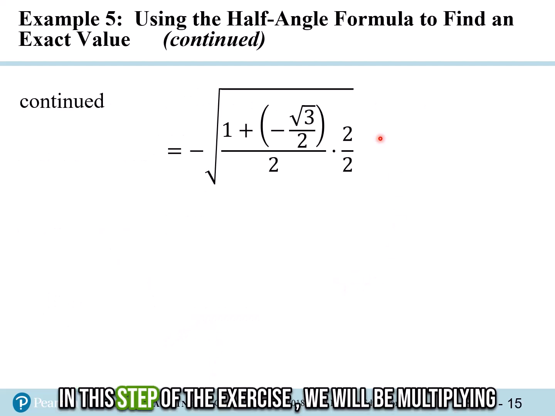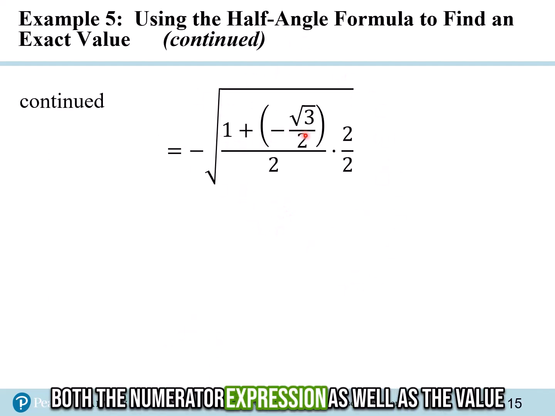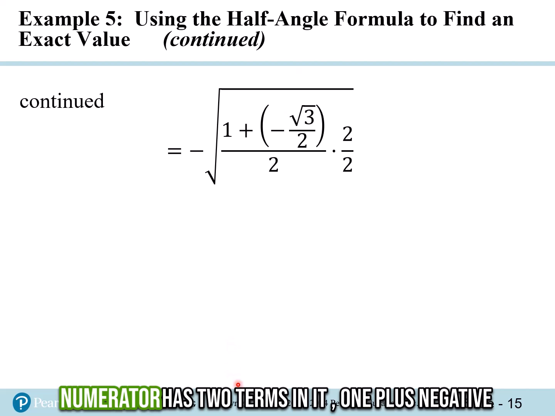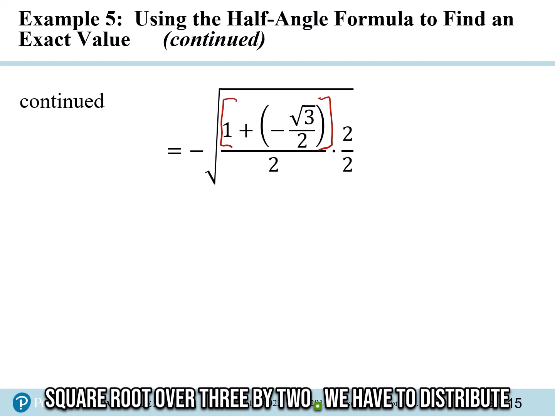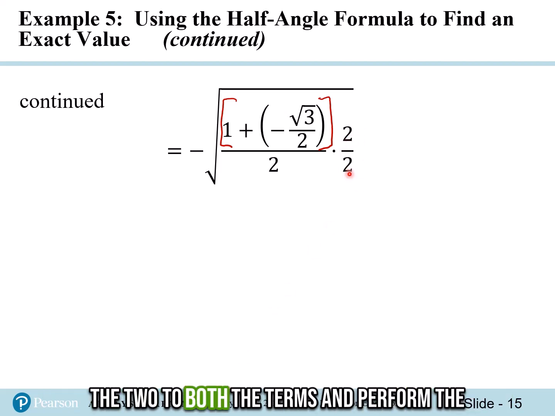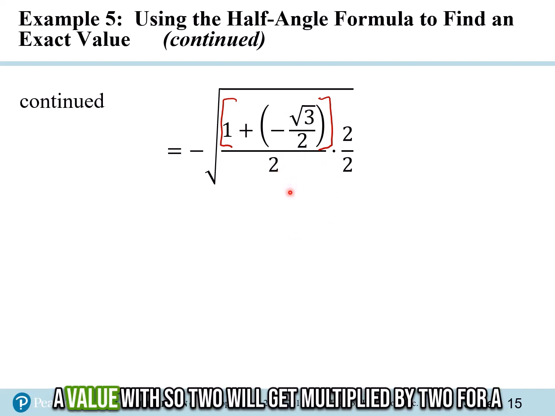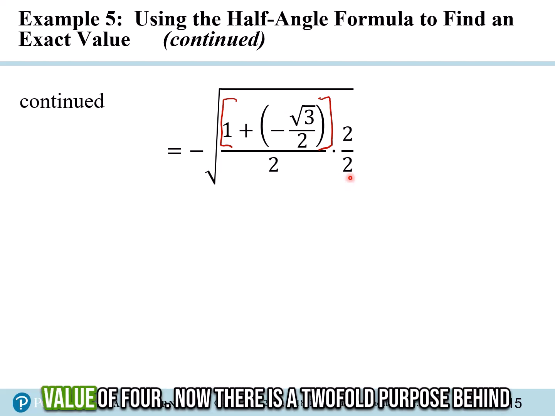In this step of the exercise, we will be multiplying both the numerator expression as well as the value in the denominator by 2. Now the expression in the numerator has two terms in it, 1 plus negative square root of 3 over 2. We have to distribute the 2 to both the terms and perform the multiplication. And in the denominator, we just have a value, so 2 will get multiplied by 2 for a value of 4.